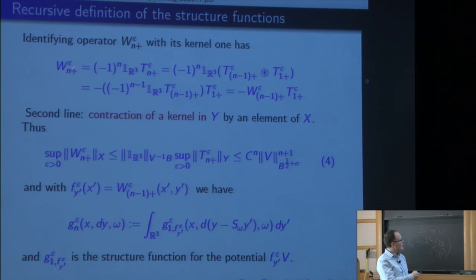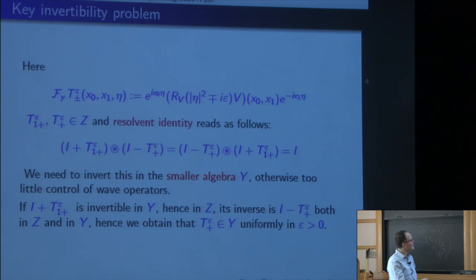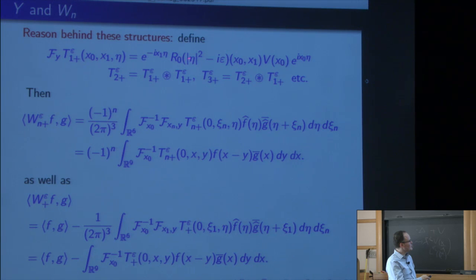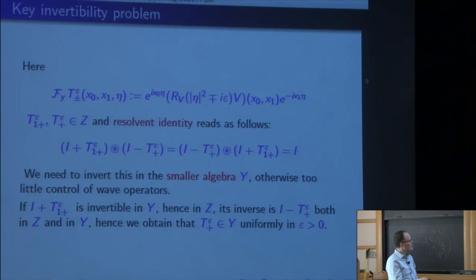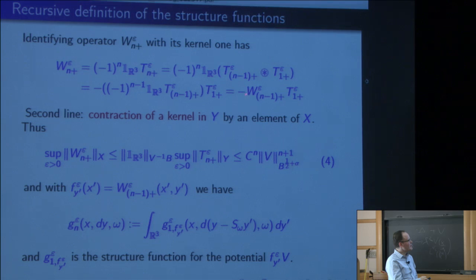So how do you get the kernel of this? You contract this fellow, which is this completely explicit expression here, which has the free resolvent in it. You contract that by the kernel of the previous term in your Dyson series. And just for the sake of convenience, because I didn't want an n floating around, I just call this f epsilon y prime.